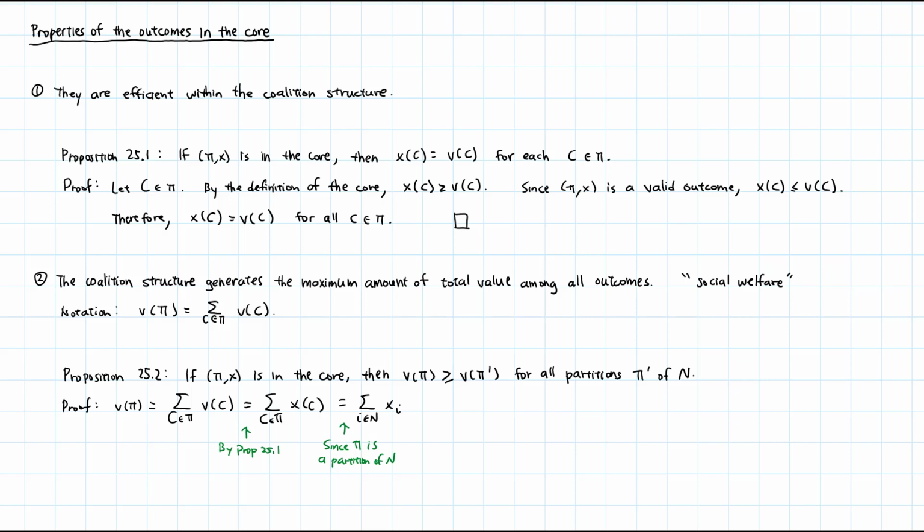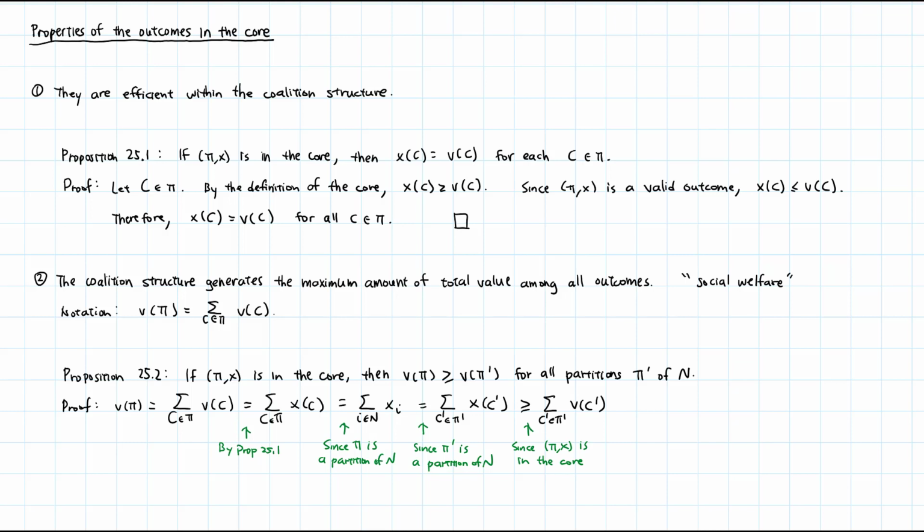And because π' is also a partition of N, we can rewrite this as the sum of x(C') for any coalition C' in π'. And now we can use the fact that (π, x) is in the core to say that this is greater than or equal to the sum of the values of C' for any C' in π'.